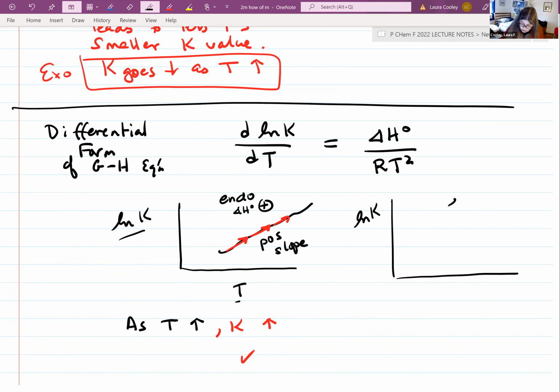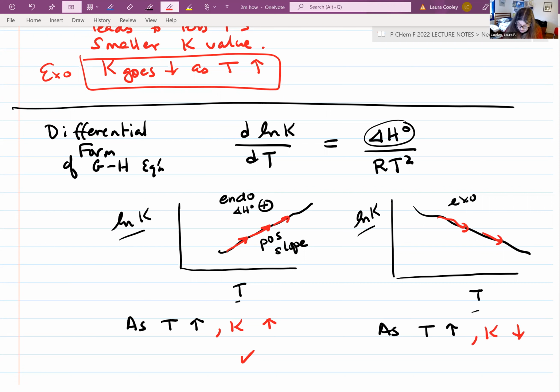If we have an exothermic reaction, the only thing that can have a negative sign here is the delta H. If delta H is negative, the change in the log of K with respect to T, the slope of a graph like this, would be negative. So as the temperature goes up, we're going downhill.